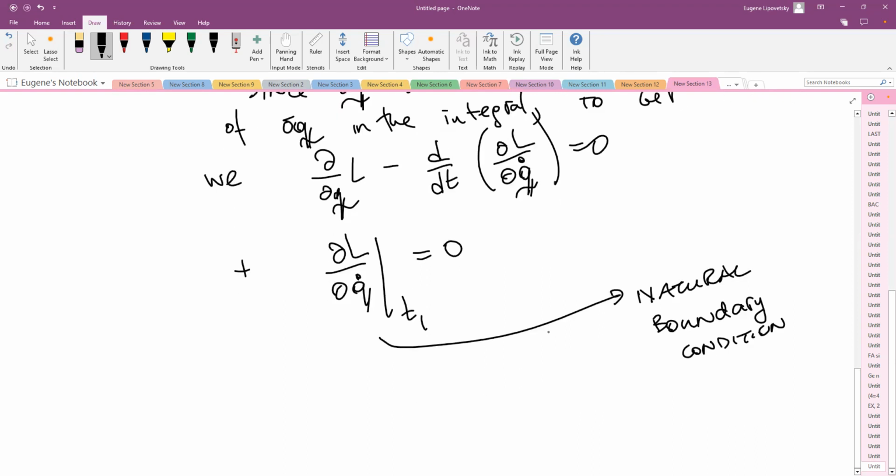Whereas Q of t naught equals to A, with delta Q at t naught equal to 0, that's called the essential boundary condition.